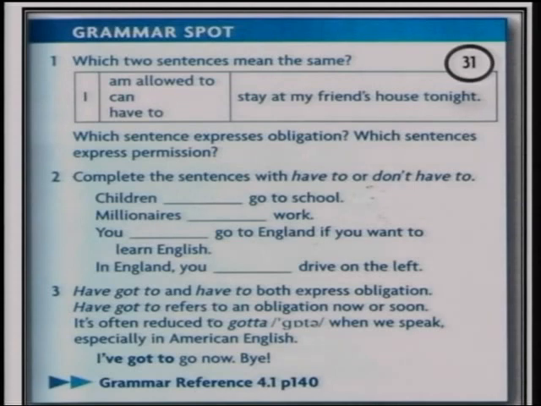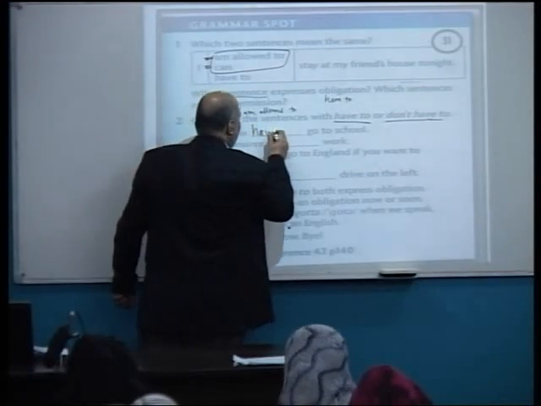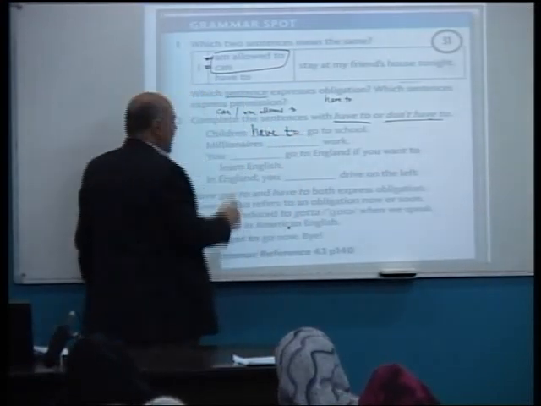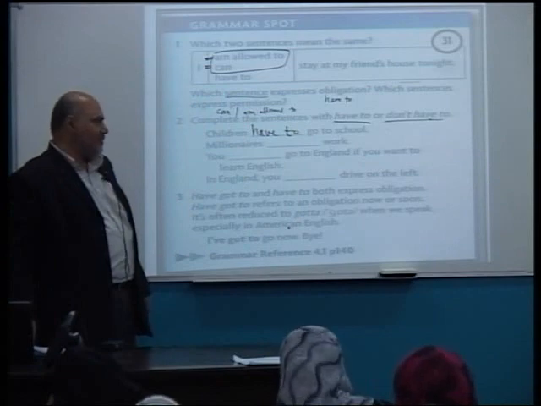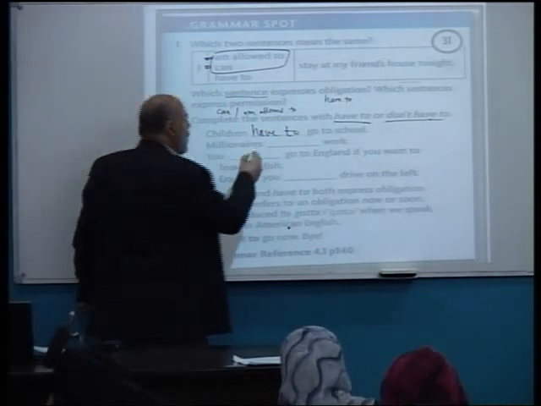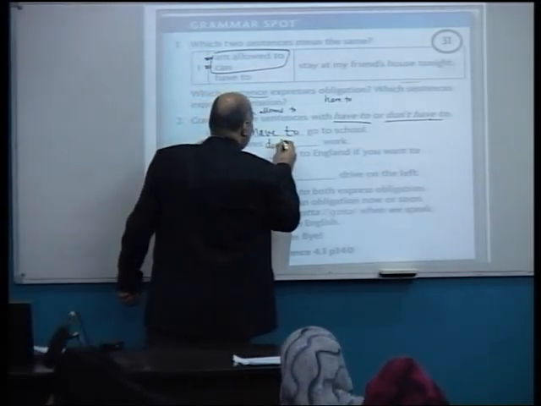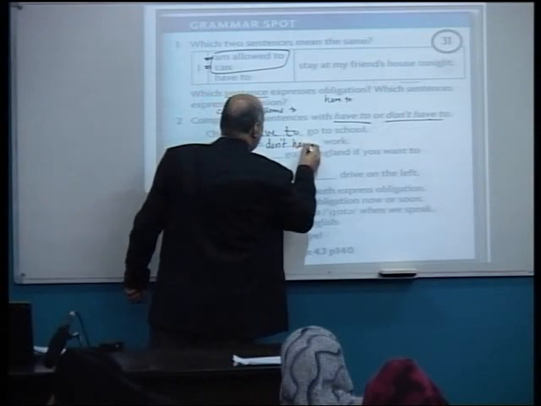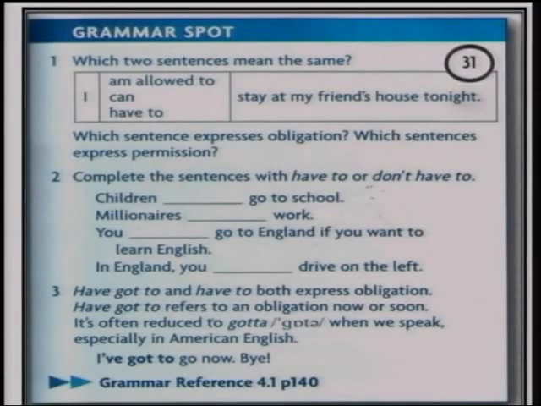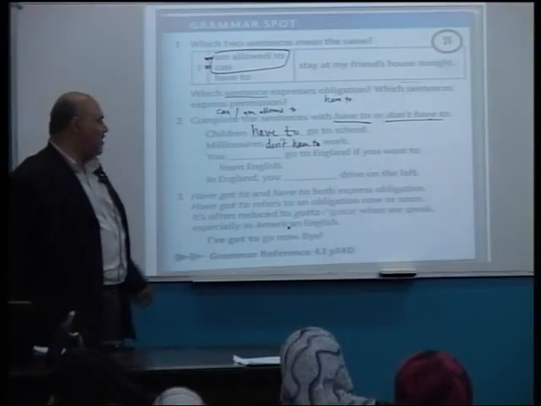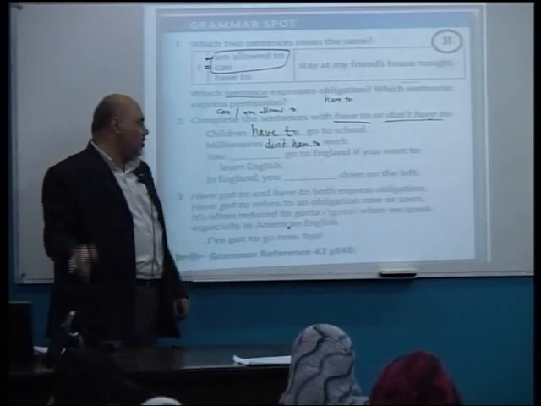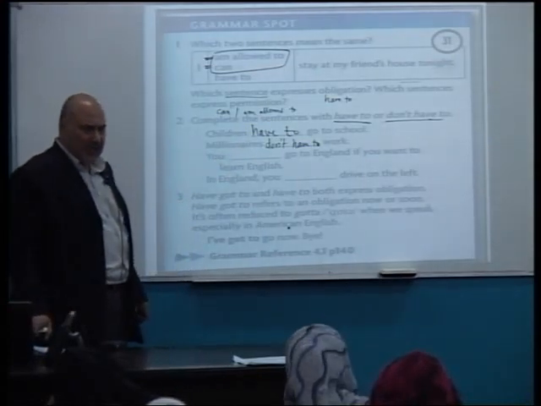Number 1, children have to go to school. Have to. Millionaires don't have to work. Don't have to work. You don't have to go to England if you want to learn English.